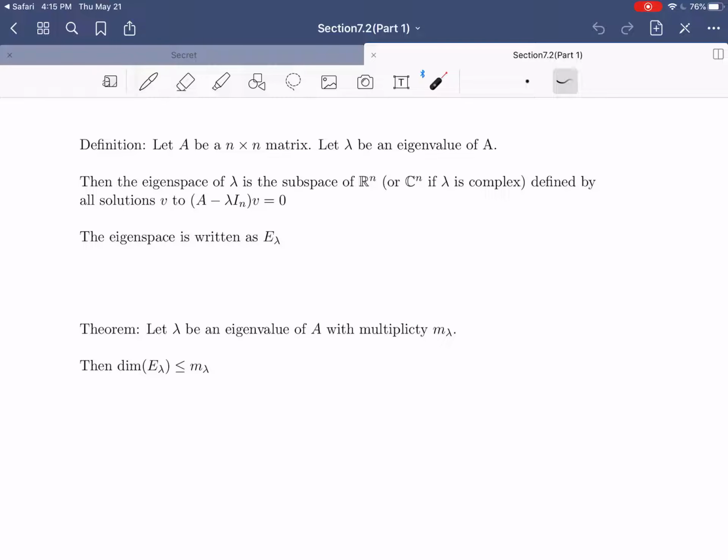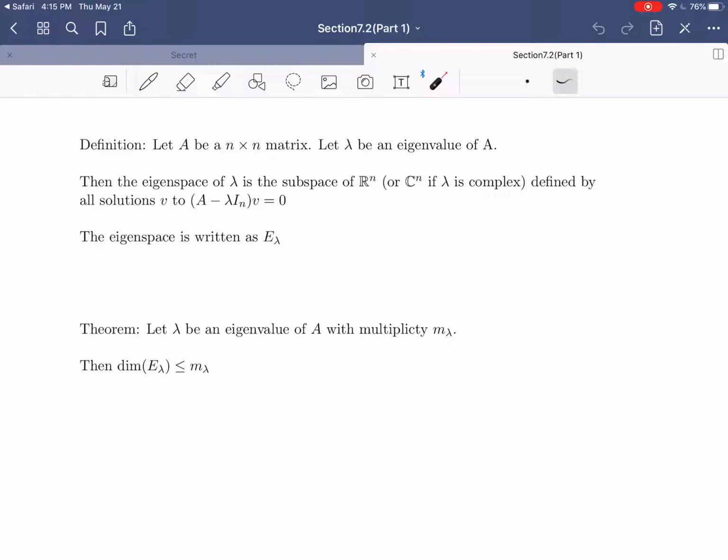If you go back and you check, you can see that in every previous example, the number of free parameters, which corresponds to the dimension, was always less than or equal to the multiplicity of every eigenvalue. So that's certainly not a proof, but it is a justification that this is always going to be the case. We will see one more example of calculating some eigenvalues, eigenvectors, and eigenspaces. And again, we will confirm that this dimension is always less than or equal to the multiplicity.